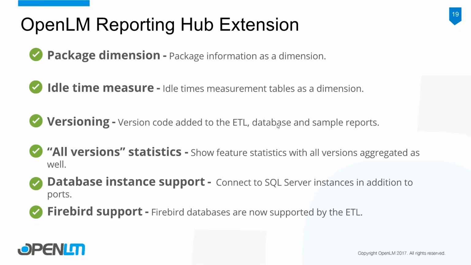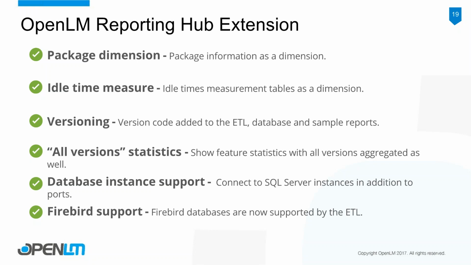You'll be able to see which version you are on for each component. We've added all versions statistics to the OpenLM Reporting Hub extension. All versions means that you can either view your features separately, meaning a feature with different versions. It's the same feature, but it has different versions.